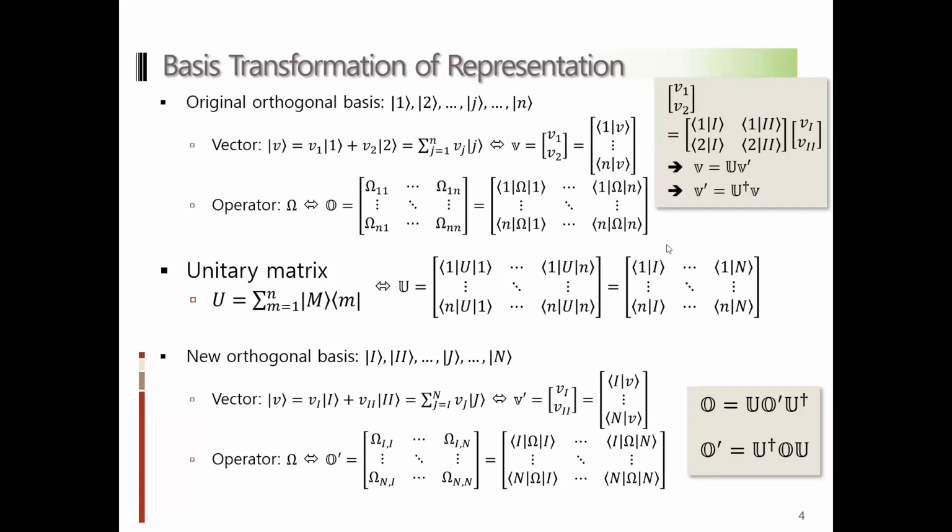Once you obtain your unitary matrix in this form, the original matrix can be decomposed into these relations, meaning this unitary matrix will appear here, the Hermitian conjugate of this one will appear here, and in the center we will have the matrix which corresponds to the original operator in the new basis.